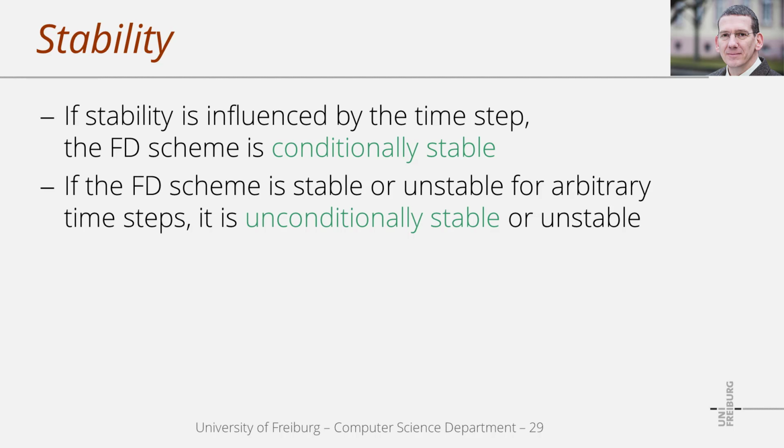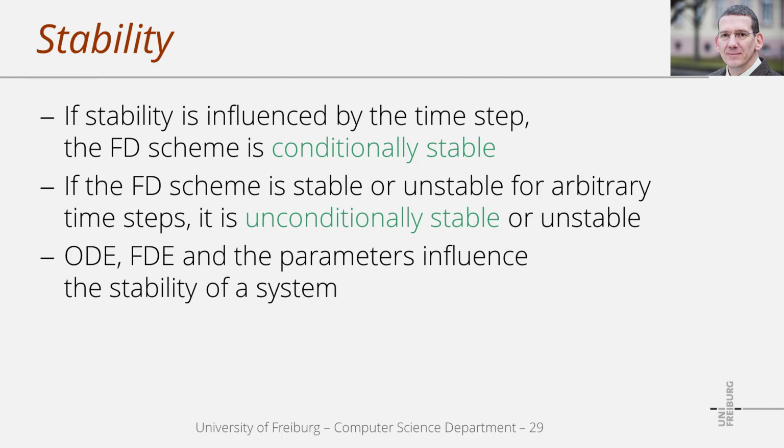Now, very often we see conditional stability, where the stability depends on some parameters of a simulation. For instance, the ODE, the FDE, the time step, and also the particle quantities can influence the stability of a simulation. Here I'd like to particularly point out that a numerical scheme by itself is not stable or unstable.